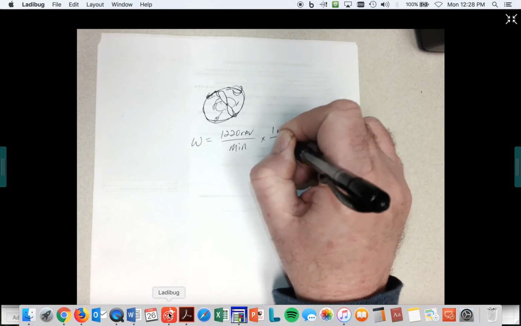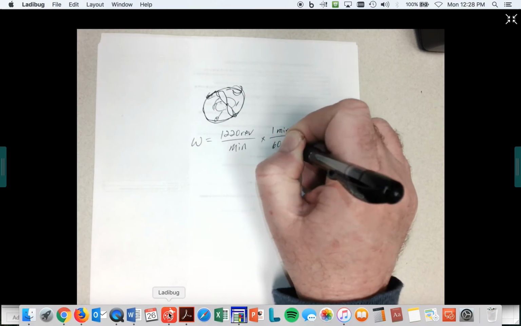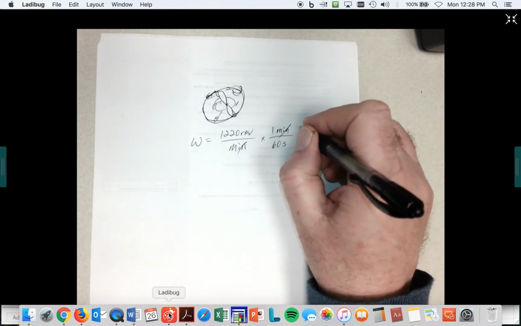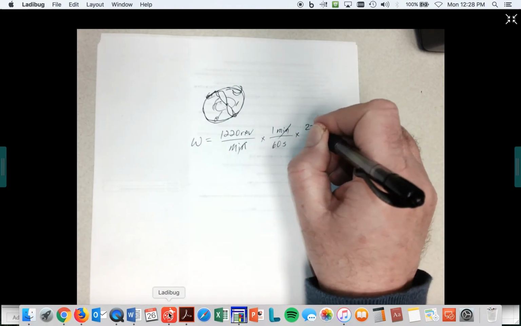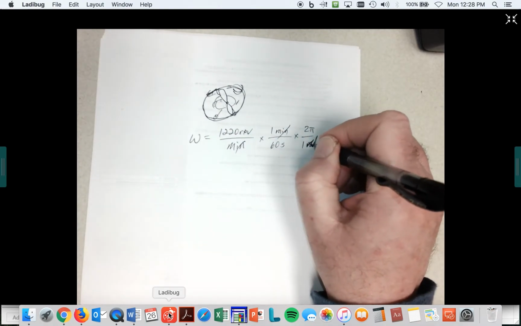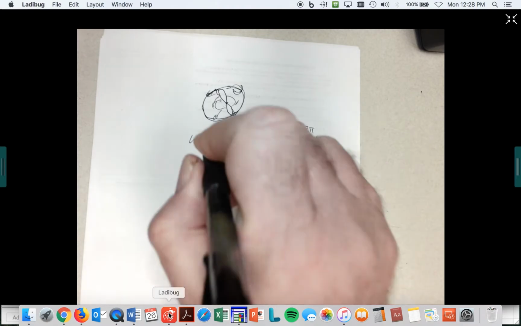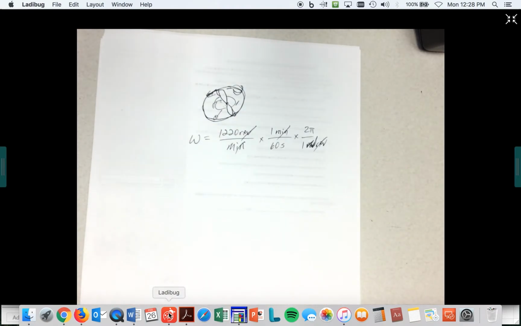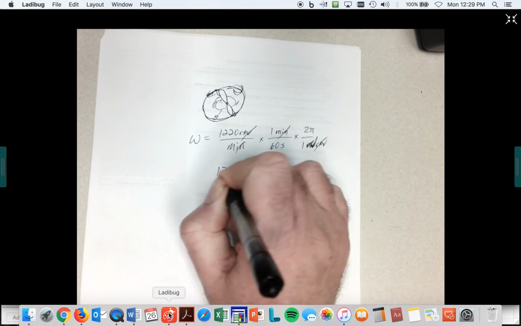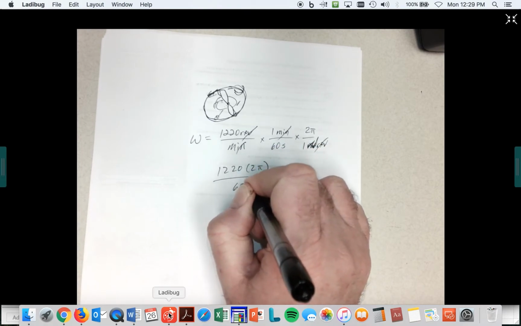So 1 minute is 60 seconds, and 2 pi is 1 revolution. It's not that 2 pi is 1 radian. So I take 1220 times 2 pi divided by 60 seconds.